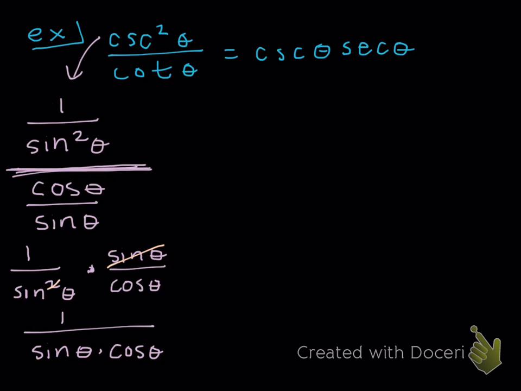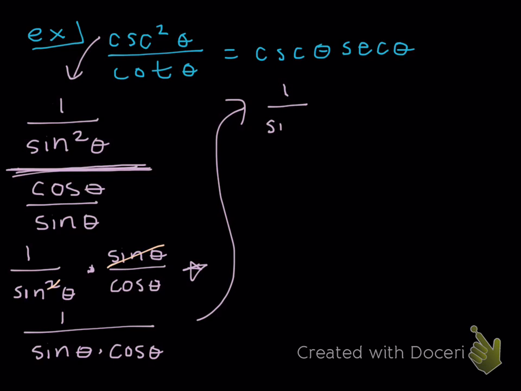And again, I could have multiplied them together at this step right here, and I would have had sine of theta over sine squared cosine. I just kind of reduced it before I put it together as one fraction. And now we want to think about splitting my fractions apart. So I know that multiplication, you don't need common denominators. Multiplication is just you multiply your tops and your bottoms.